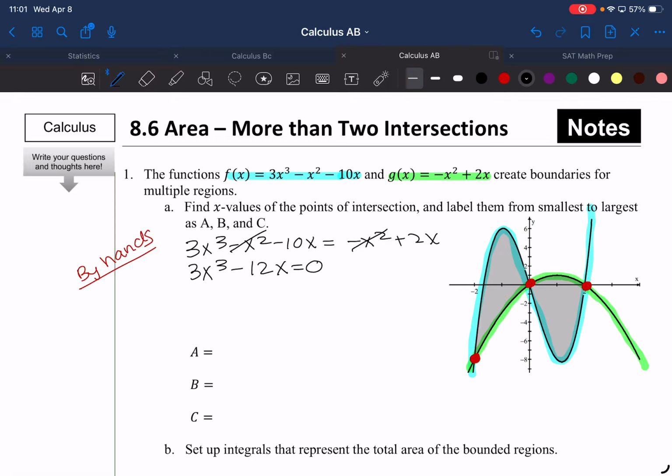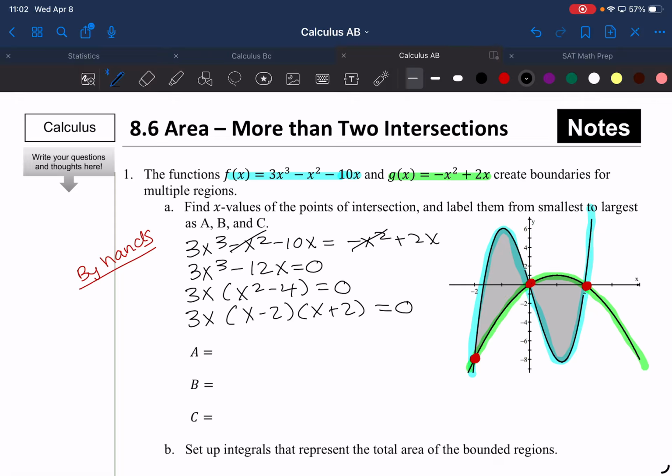Okay, so I can factor this by taking out a GCF of 3x, and I'm left with x squared minus 4 equals 0. And then since x squared minus 4 is a perfect square, I know that I can factor that by doing x minus 2, x plus 2. So now I have three parts of the factors that I can set, each one separately equal to 0.